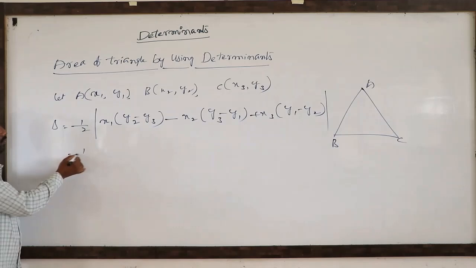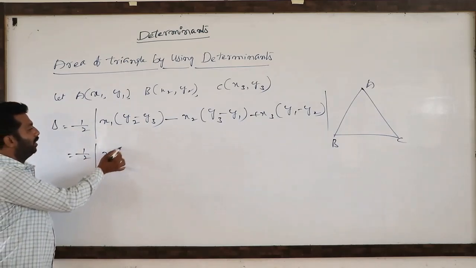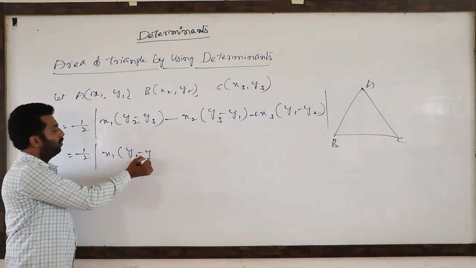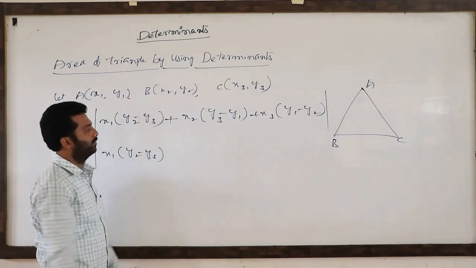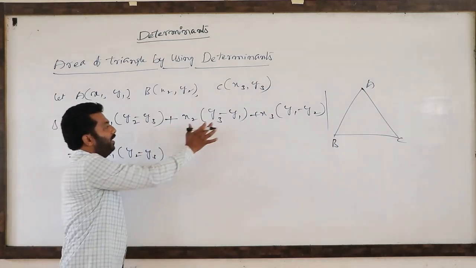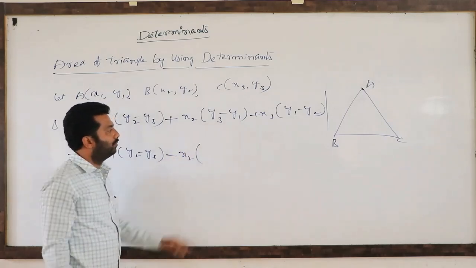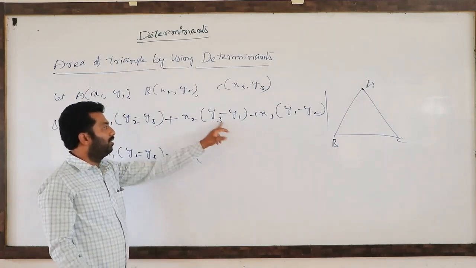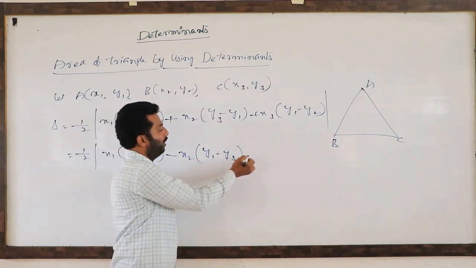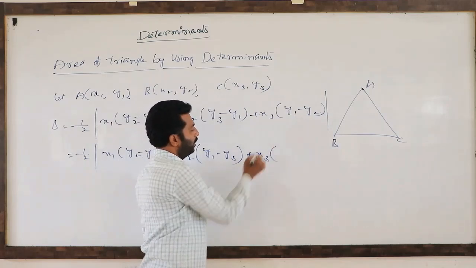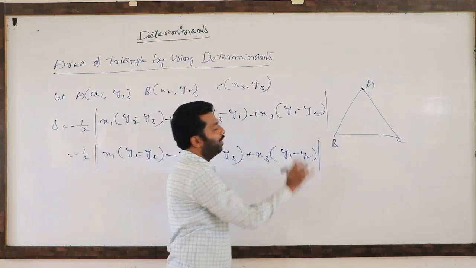Just a small change we are making here: x1 into (y2 minus y3), sorry, this is plus. If I take minus common, minus x2 into (y1 minus y3). Here no change, x3 into (y1 minus y2) square units.